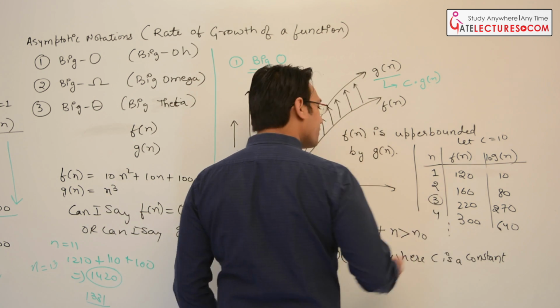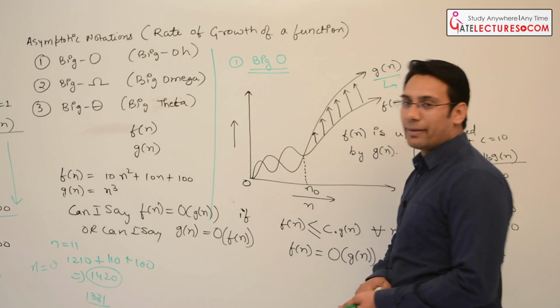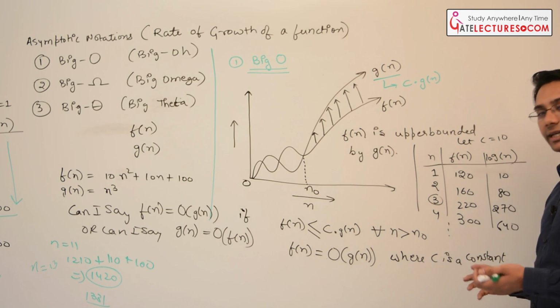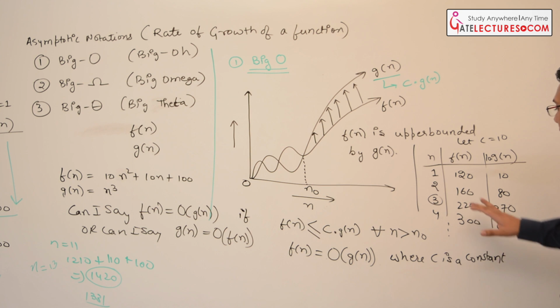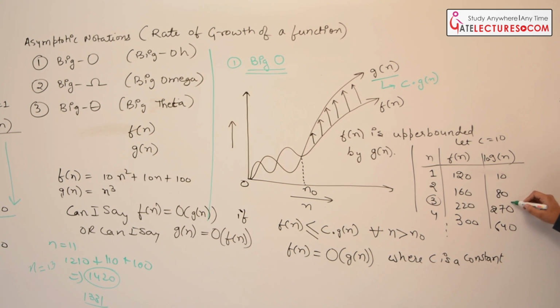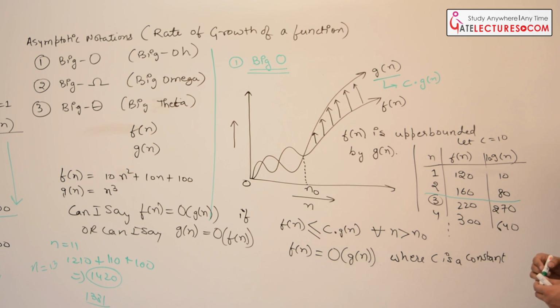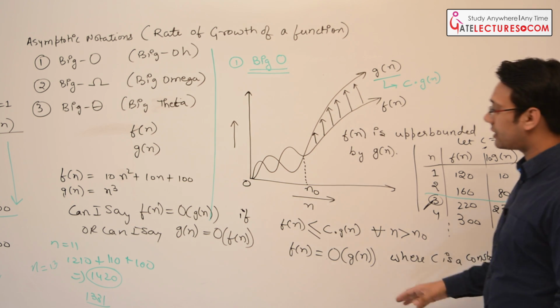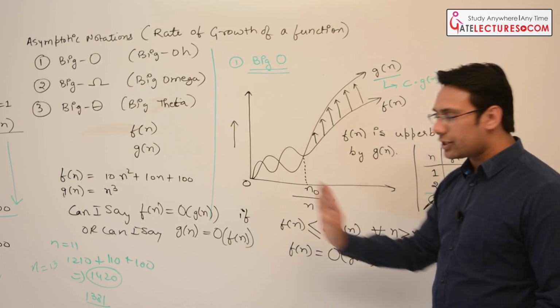In the same way, by taking this constant C, you can see this point has shifted. Now if you see this line, after this point, which is n equal to 3, Gn is always greater than Fn, where C is equal to 10. That means with the help of this constant C, you can shift this point in both directions.